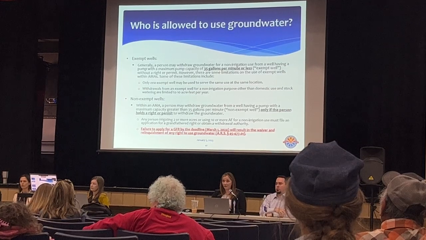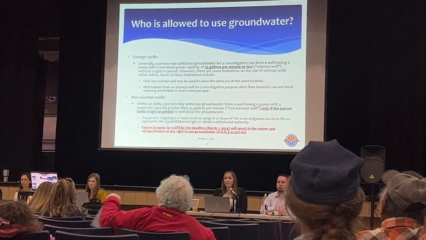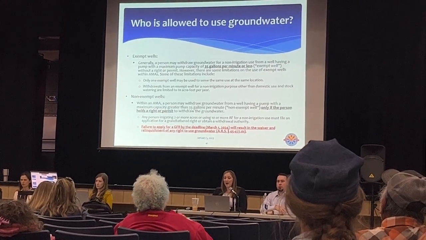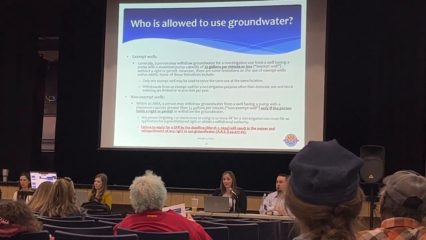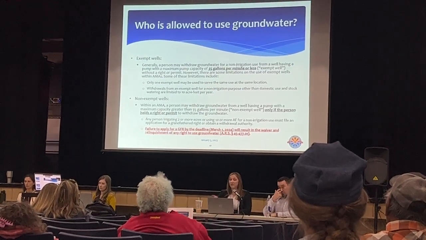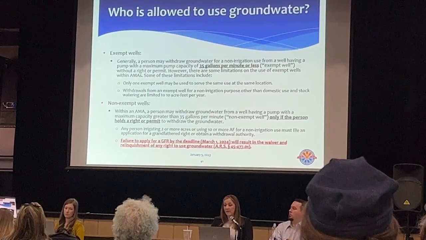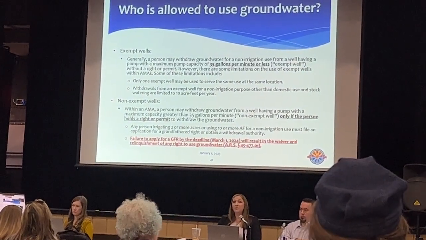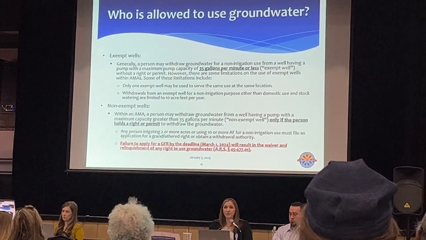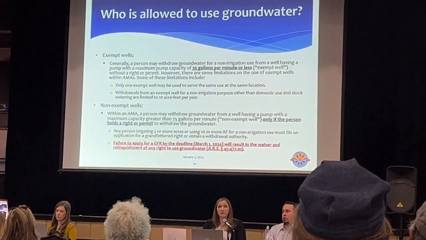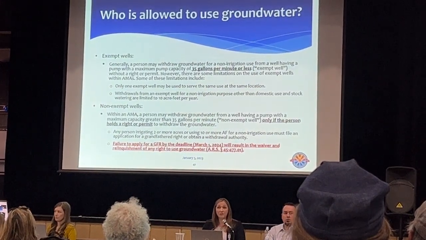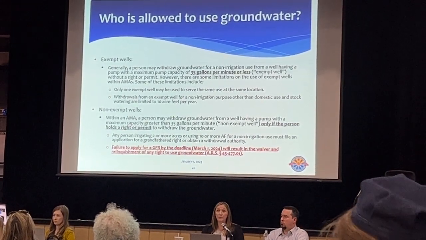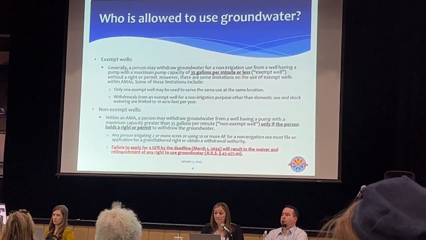Generally, if you have an exempt well, a person can withdraw groundwater for a non-irrigation use from an exempt well, so a well that has 35 gallons per minute or less pump capacity, without a groundwater right or permit. So if you have an individual well that you're just using for your house, a domestic well, its pump capacity is less than 35 GPM, you likely don't need to apply for a withdrawal authority or permit.